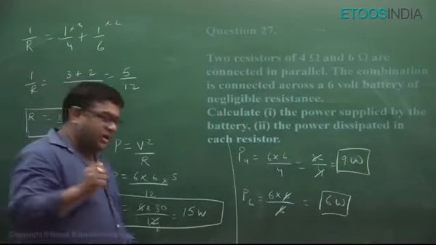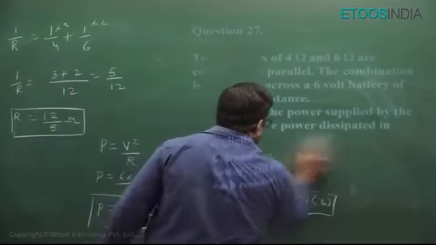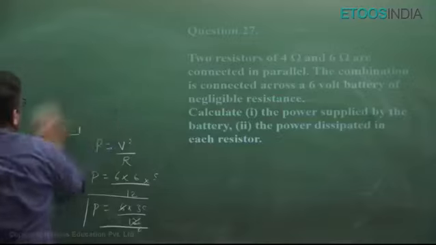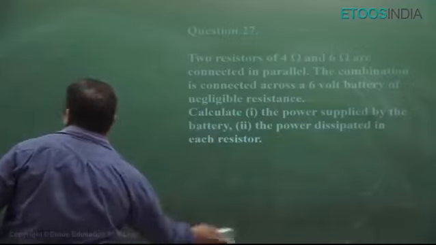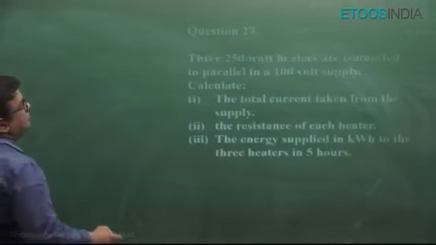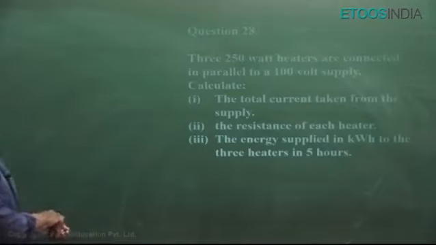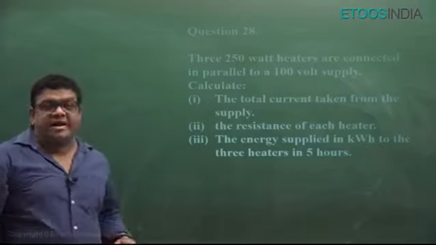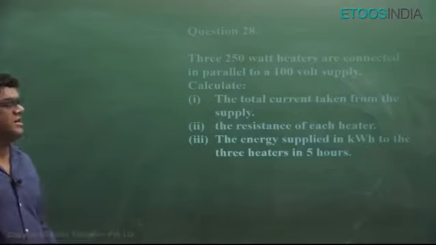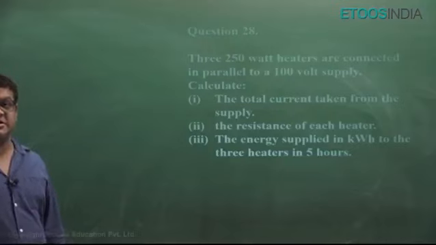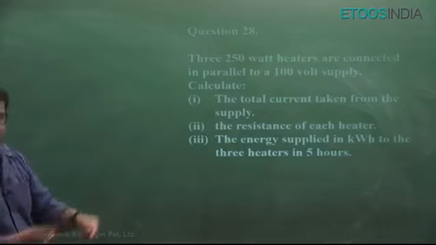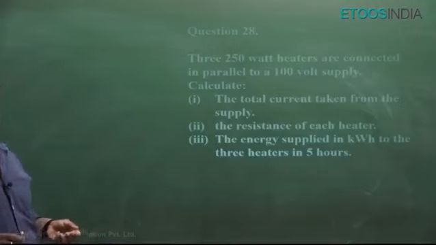Now let's move on to the next question. Three 250 watt heaters are connected in parallel to a 100 volt supply. Calculate the total current and resistance of each resistor. Okay. Now we know that since they are connected in parallel, the potential difference in each is the same.